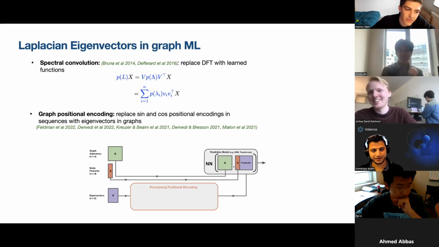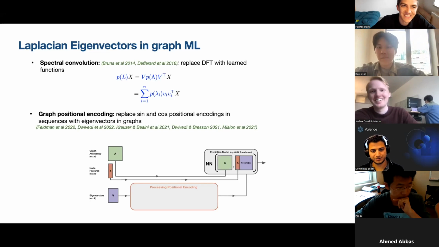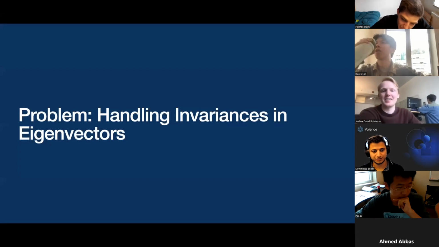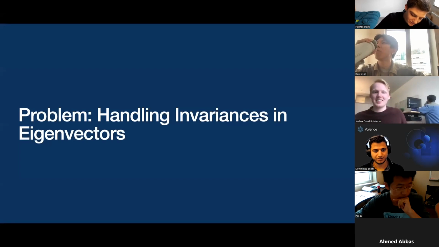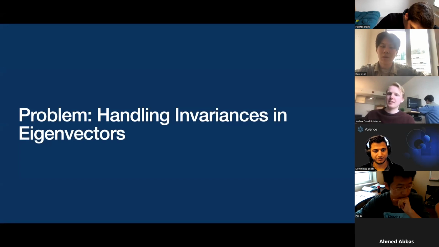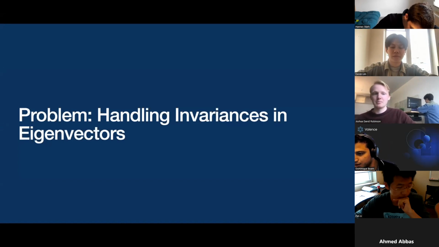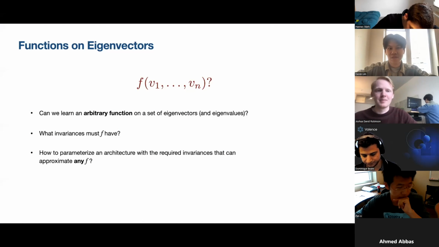Sure. So there's a lot of theoretical questions underlying the expressive power of these different Laplacian eigenvectors and so forth, different positional encodings. So I'll go on to consider the main problem that we'd like to address in this talk today, which is how to handle these eigenvectors, the processing of them in a principled way, such that we are addressing the inherent symmetries in them.